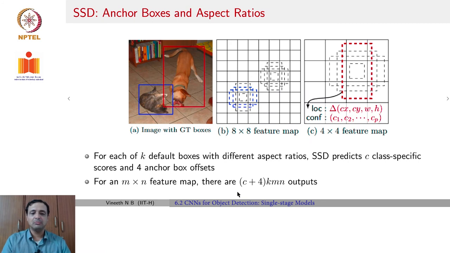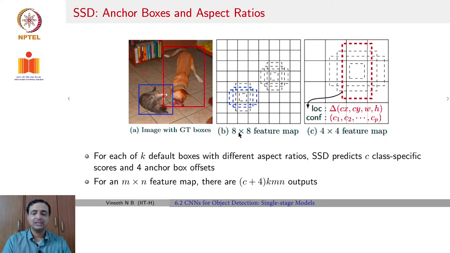As feature maps get smaller and smaller when you go through later parts of the network, you can see here if this was your ground truth boxes in your original image, an 8x8 feature map followed by a 4x4 feature map.